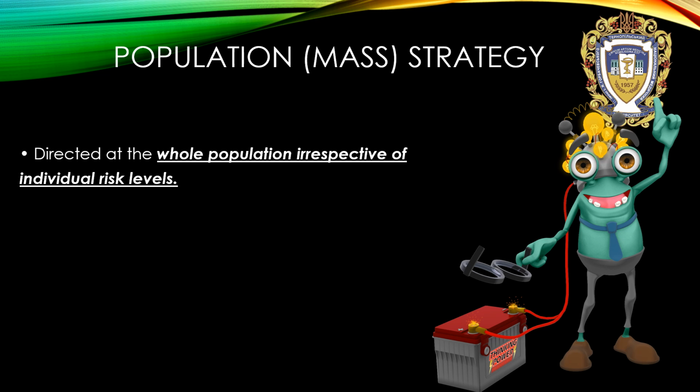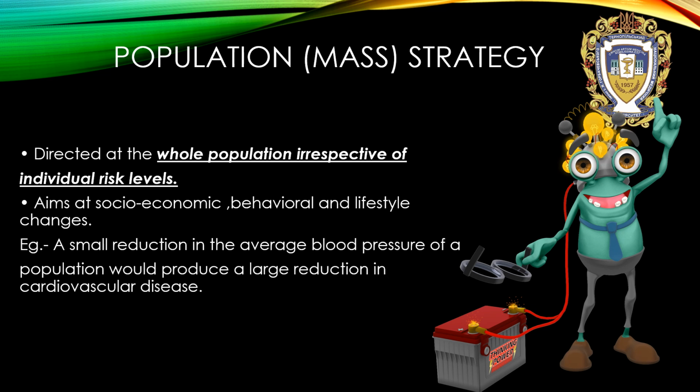Population or mass strategy is directed at the whole population, irrespective of individual risk levels. It aims at socioeconomic, behavioral, and lifestyle changes. For example, a small reduction in the average blood pressure of a population would produce a large reduction in cardiovascular disease.